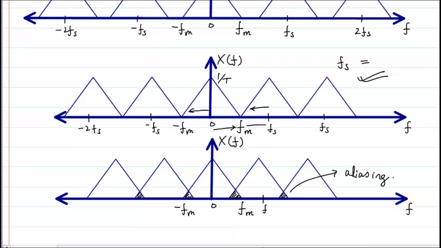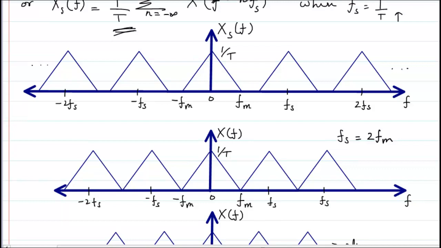Combining this whole length, we have 0 to fm and then another fm, so 2fm. So at least fs should be equal to twice fm. Then theoretically we may be able to reconstruct the signal back, because you can put a filter. The spectrum of the low pass filter will look something like this.